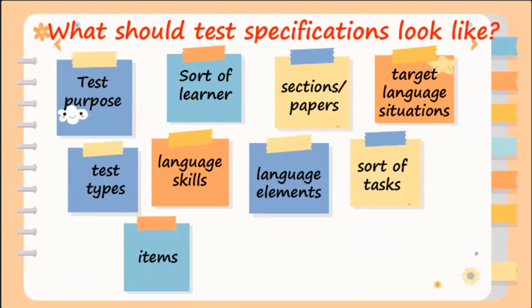How many items are going to be in each section is the next point to be discussed, and we're going to talk more about the test items in the next part. And what are the test methods to be used? It can be multiple choice, gap filling, matching, transformation, short answer questions, or picture description.